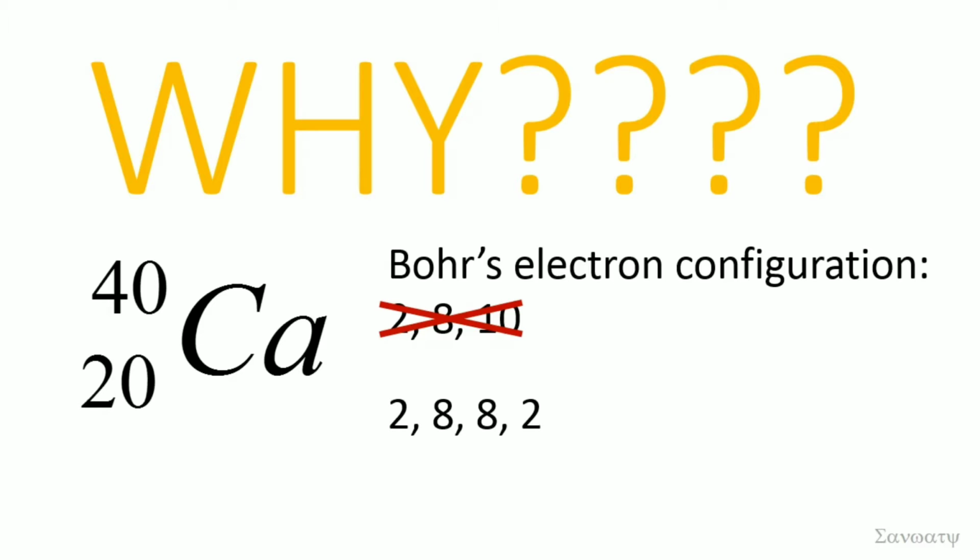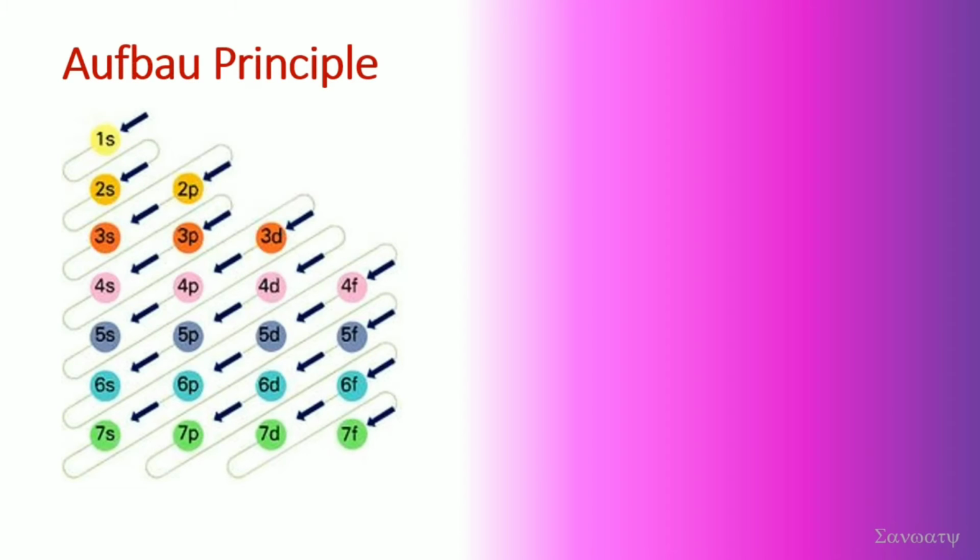The Aufbau principle states that in the ground state of an atom or ion, electrons fill atomic orbitals of the lowest available energy level before occupying a higher level. The order of orbital energy levels is given by this scheme. The first shell has orbital 1s, the second shell has orbitals 2s and 2p, the third shell has 3s, 3p, and 3d, and the fourth shell has 4s, 4p, 4d, 4f, and so on.